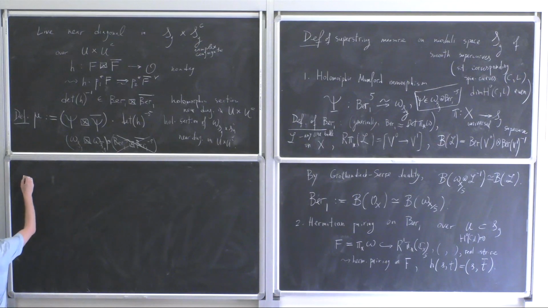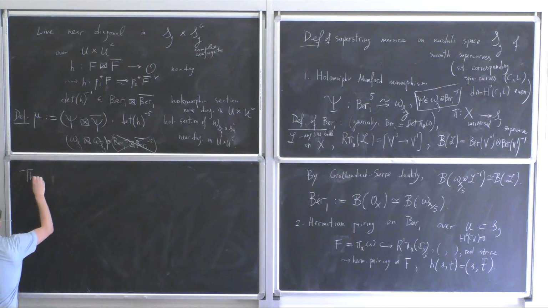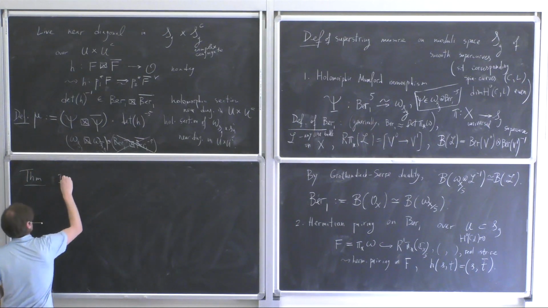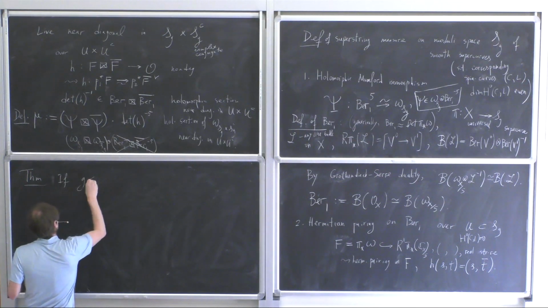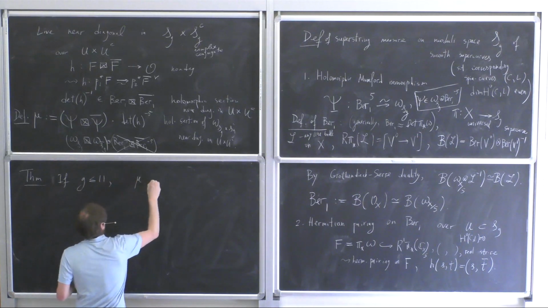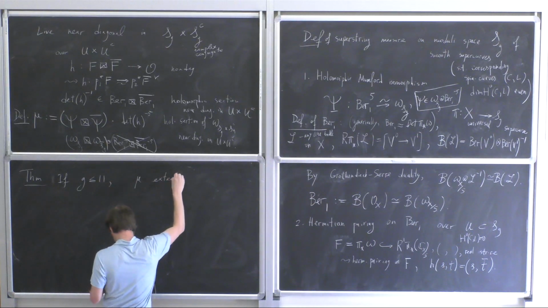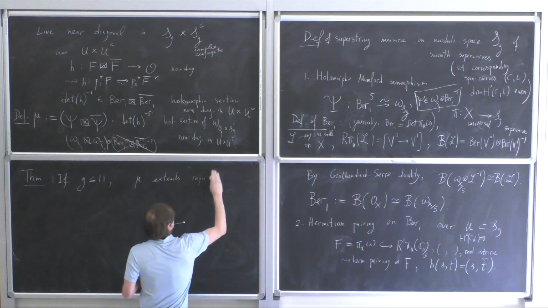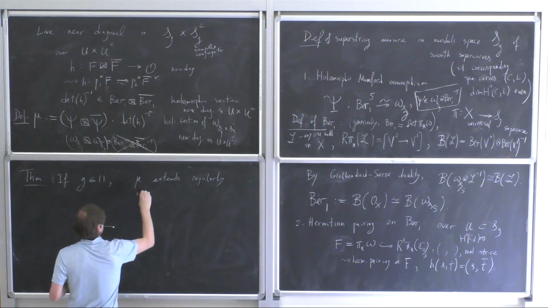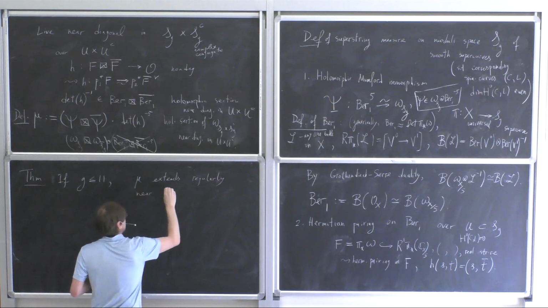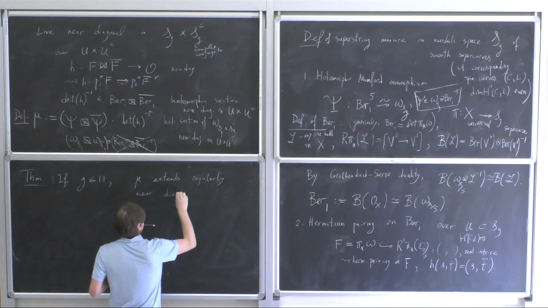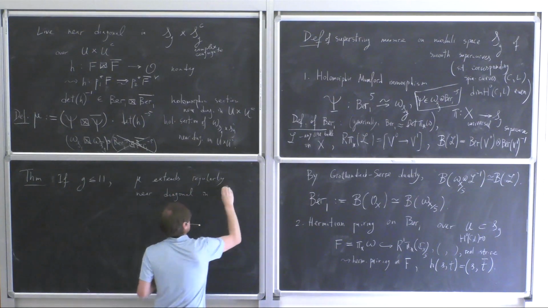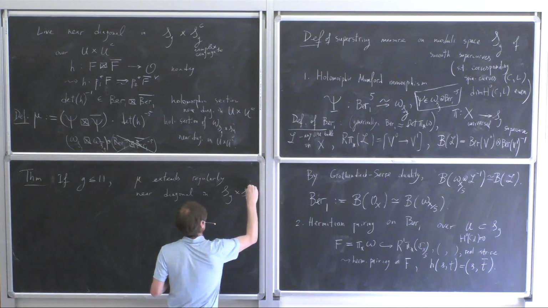So the theorem is that if the genus is at most 11, then mu extends regularly near the diagonal in S times S conjugate.